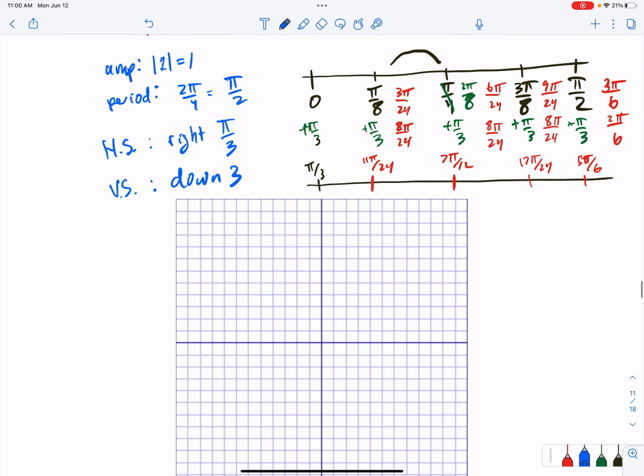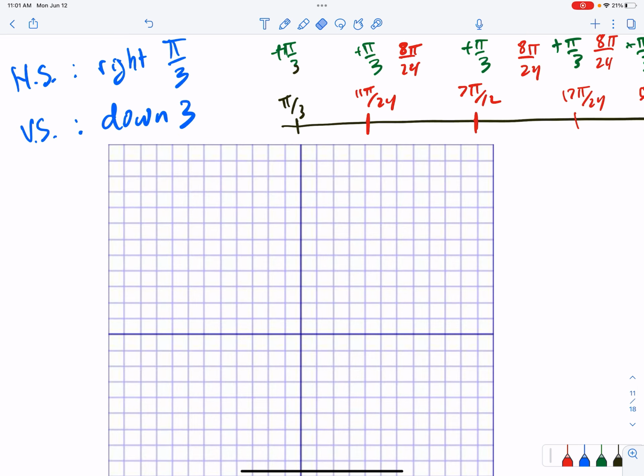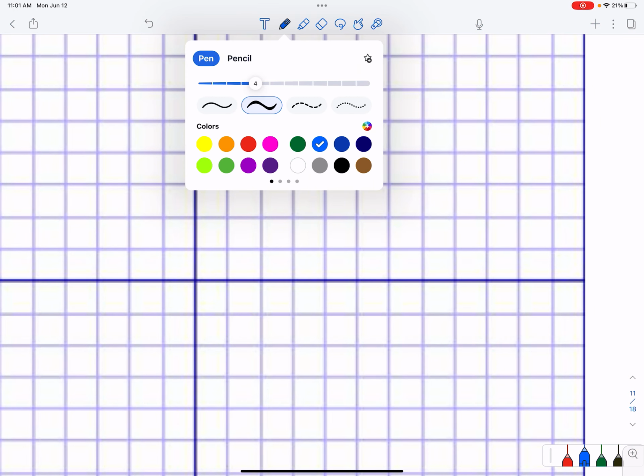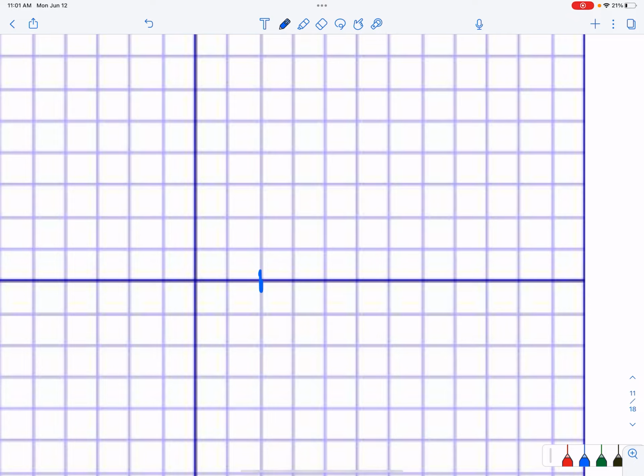But I can still map those onto the graph. And I'll just do 2 boxes for each quarter. So pi over 3, 11 pi over 24, 7 pi over 12. Let me zoom in here and do this. Okay, we have pi over 3.